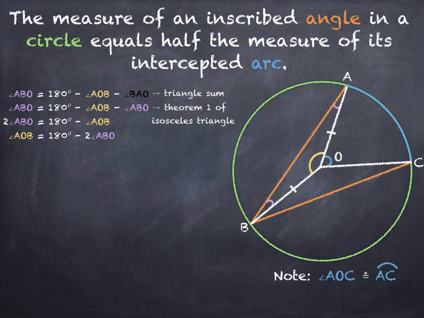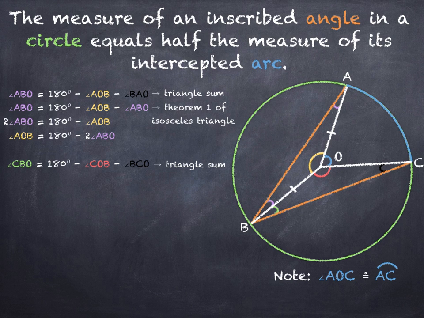Now we want to look at triangle BOC. We have that angle CBO equals 180 degrees minus angle COB minus angle BCO because of triangle sum. We also know that OB is a radius of the circle, but we can also see that OC is a radius as well.